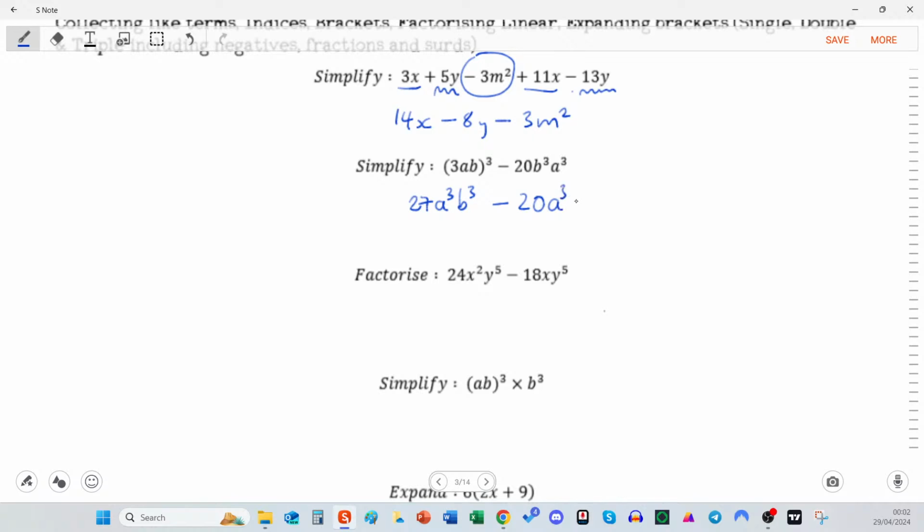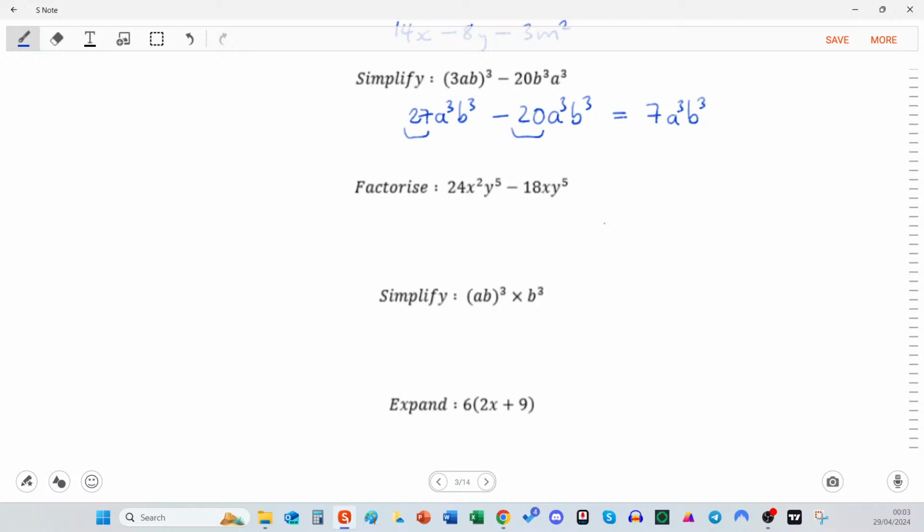Forgive me, I'm going to be writing it like this, because they're all being multiplied together, it actually makes it a lot easier to see that these two are like terms. You have 27 a cubed b cubed, take away 20 a cubed b cubed, which is 7 a cubed b cubed.